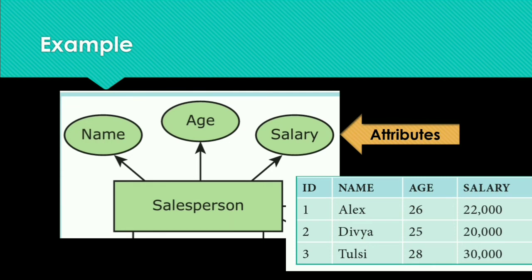These are the column names. And salesperson is mentioned as an entity. Entity means a table. So this is how the database is designed. All the entities, that is tables, will be mentioned in a rectangle box, and the columns supporting that table, that is attributes, will be mentioned in an oval shape, which is also an ellipse shape.